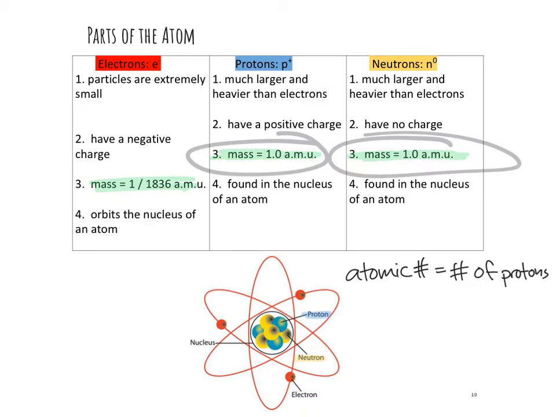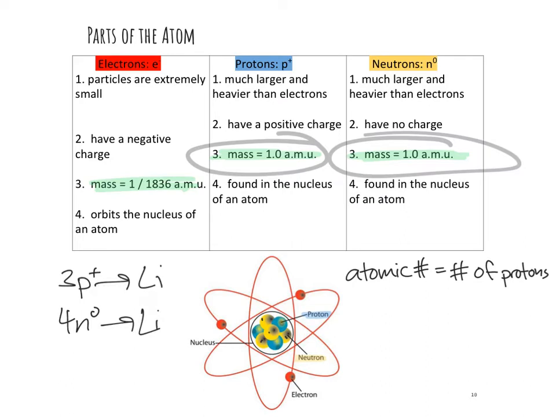So, for example, if you look here at this atom on the screen, we've got 3 protons, which we're going to write as P positive, which means this is lithium. And it's got 4 neutrons. Now, it's still lithium, but it's lithium with 4 neutrons.